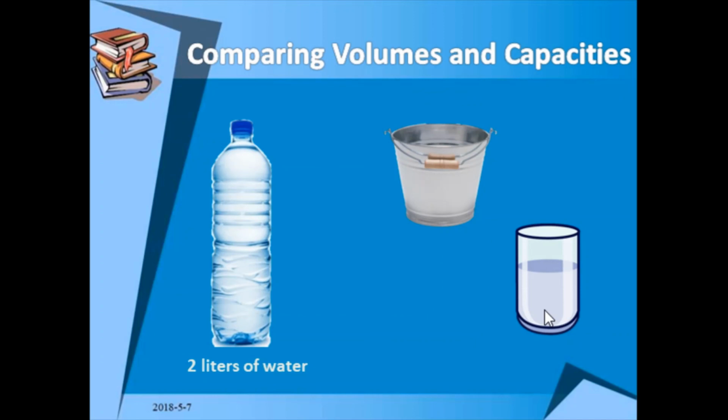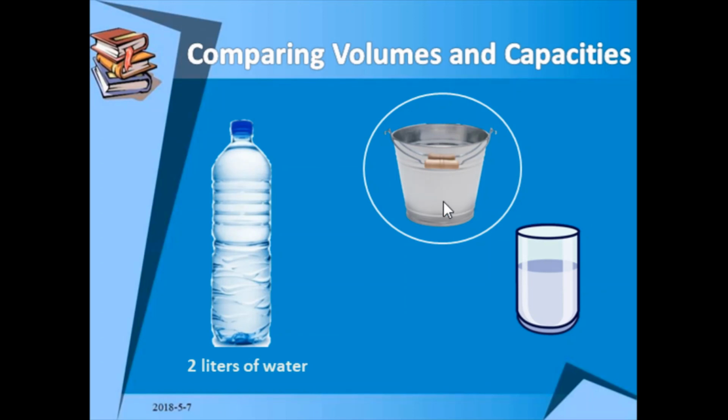Of course, we need to use, is it the glass? No, it's not the glass because the glass is small. So we use the bucket. The bucket is more appropriate to put in the 2 liters of water. A glass could be used, but not for the entire 2 liters of water. The most appropriate would be this bucket.